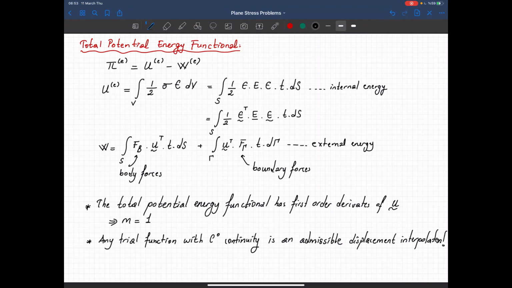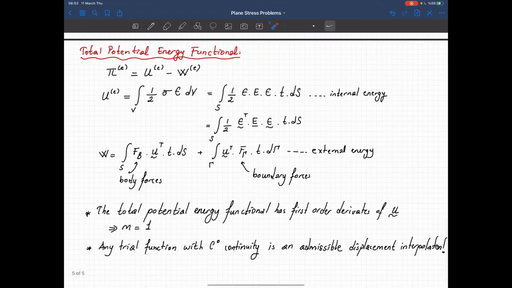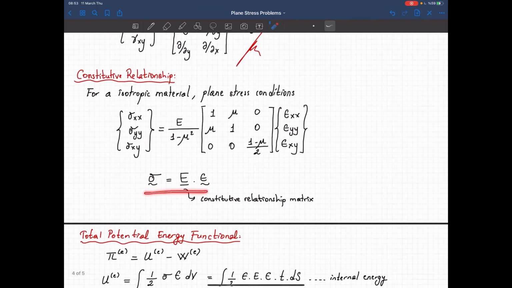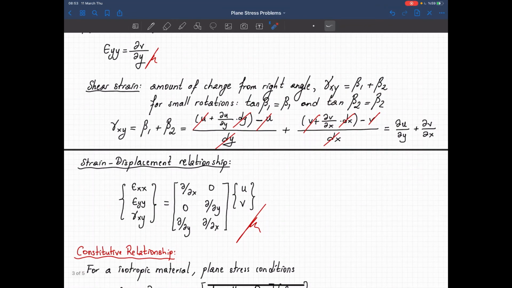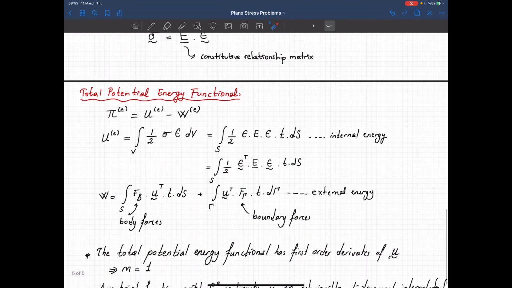Okay, so what we learned from this derivation is we can use any interpolation function with C0 continuity. I have the relationship between the stress and strain. I have the relationship between the strain and displacement, and I have the expressions for the internal strain energy and also the external energy. So basically now we are ready to formulate our first two-dimensional membrane element.